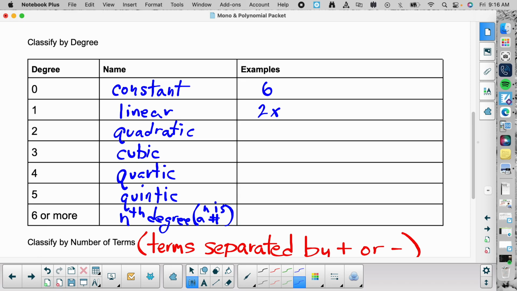Quadratic, second power equation. What power am I gonna write on that? 2. See the 2 over there? I'm gonna write a couple examples. I wrote 2 examples there. I don't know if this helps.